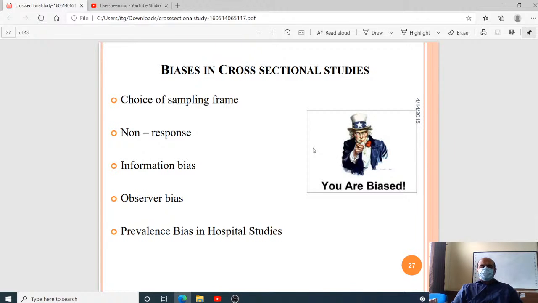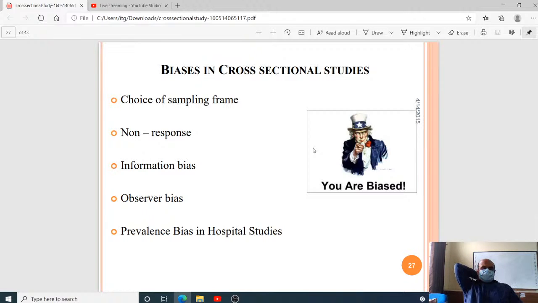Biases in cross-sectional studies can be handled by choice of sampling frame, by controlling the sampling frame. Non-response and information: if the choice of sampling frame is wrong, then it becomes a sampling bias.